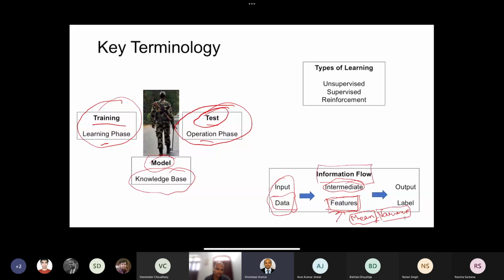For instance, if we are looking at this image of the soldier, we are trying to identify whether this soldier is carrying a gun or not carrying a gun. So it is a two class classification, and our model has to identify whether this soldier is carrying a gun or not.